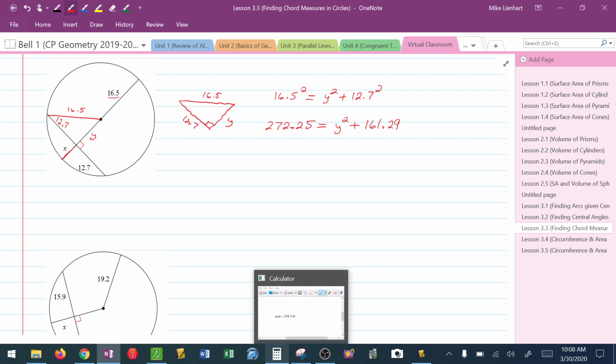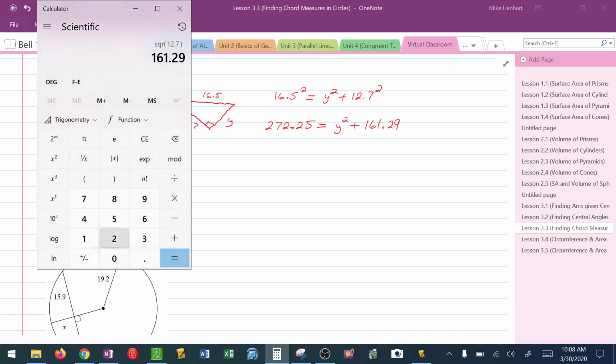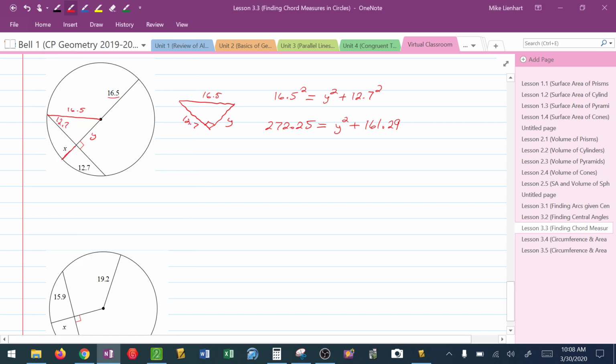I'm going to subtract 161.29 from 272.25, and I get 110.96. So y squared is 110.96. So y would be the square root of that.